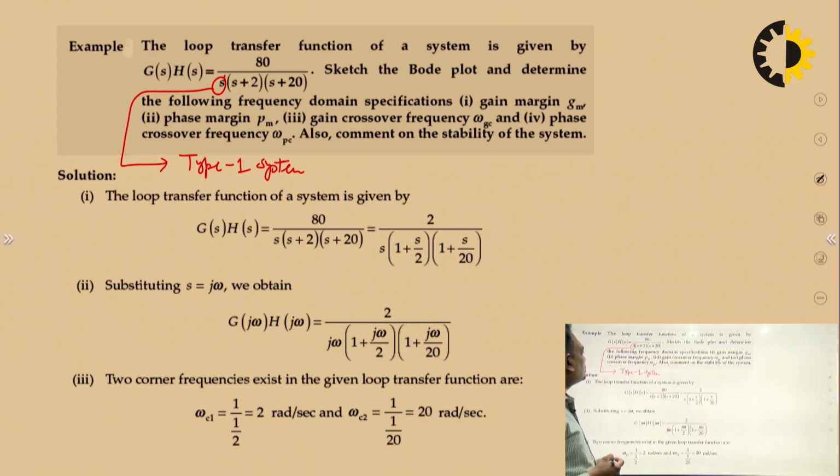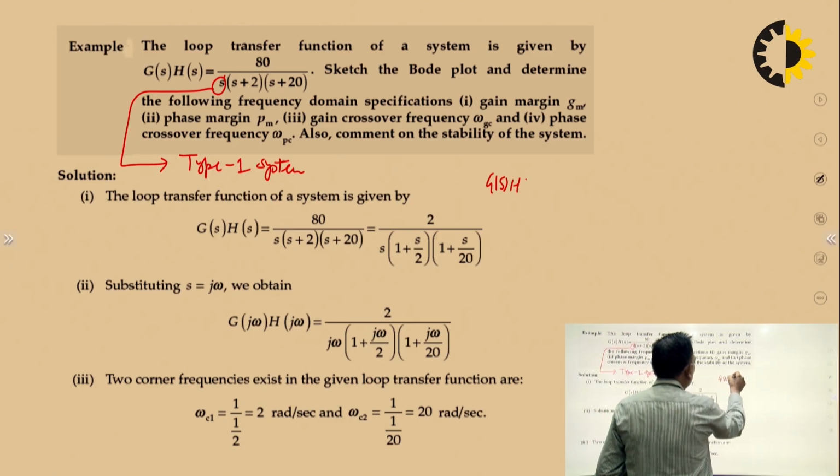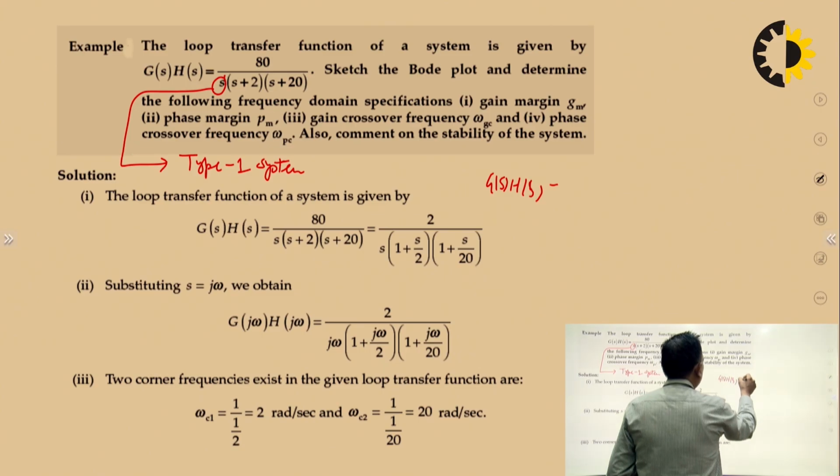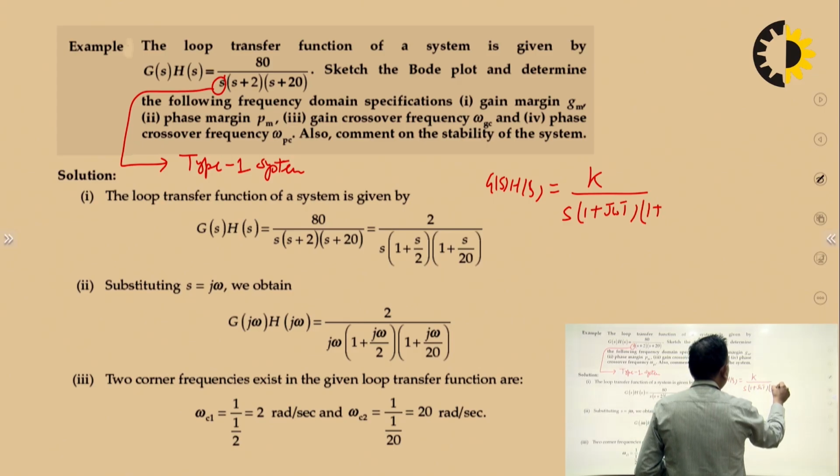Okay. So how will we solve it? First of all, we will put this equation into the standard form. The standard equation is G(s)H(s) equals K upon s times (1 plus j omega T1) times (1 plus j omega T2), like this.